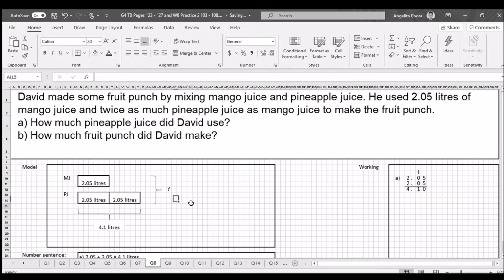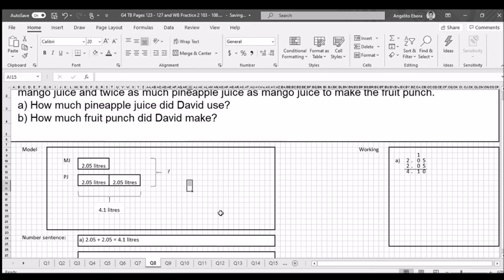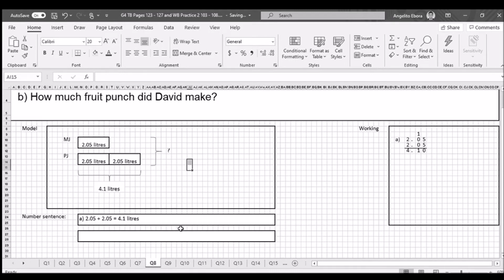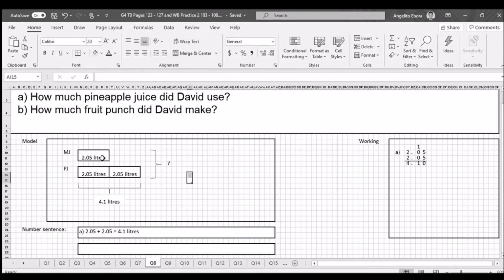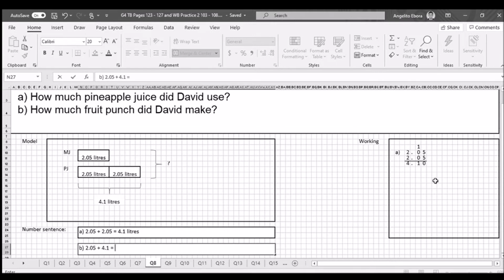So that's the question mark. Okay. So what do we do? We add. Because we're making a fruit punch. So mango juice is 2.05 and then the pineapple juice is 4.1 liters. So this is my solution for letter B.